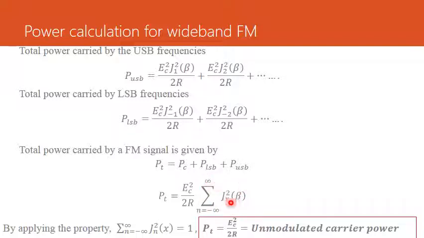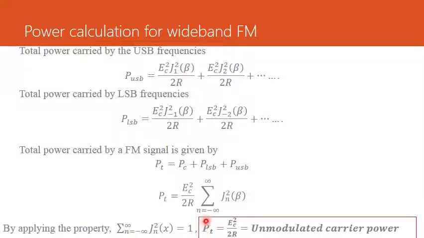Now we can apply the Bessel function property, that summation from n equal to minus infinity to infinity Jn square of x is equal to 1. That is, in this equation the summation of Jn square of beta is equal to 1. So the total transmitted power is equal to Ec square by 2R, where Ec represents the amplitude of the carrier signal and R represents the load resistance.